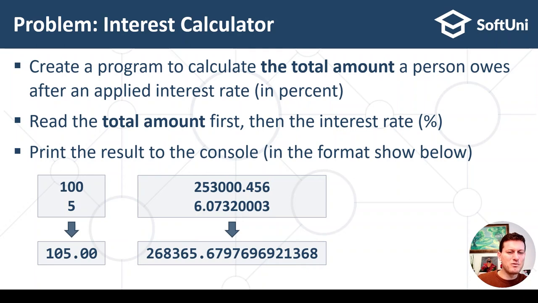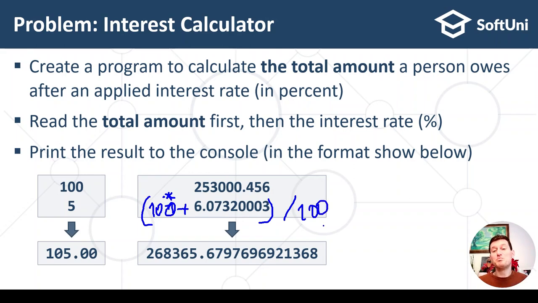It will be something like: multiply the first number by 100 plus the second number, divided by 100, because this is in percents.